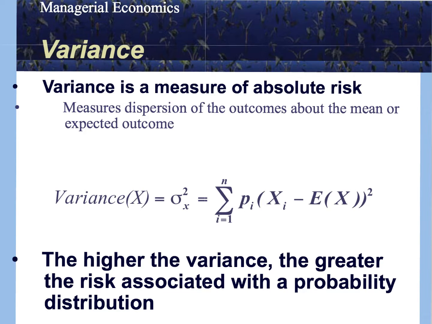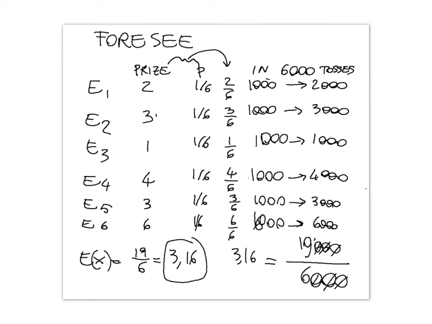The variance is the square value of the standard deviation. With the variance, we can measure the absolute risk and the dispersion of the expected outcomes. A higher result of the variance shows a greater risk that is associated with a probability distribution.